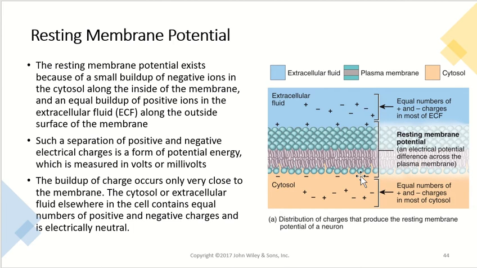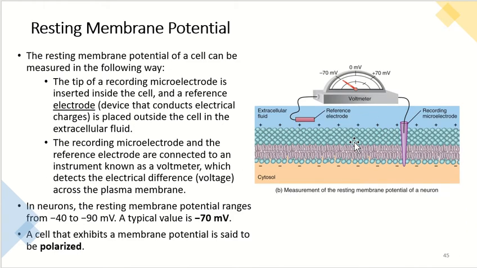So it's this difference in charge, this buildup of negative or positive charge, that is only going to occur very close to the membrane. We can measure this resting membrane potential using something called a voltmeter. The way this works is that the tip of a little recording microelectrode is going to be inserted inside the cell.